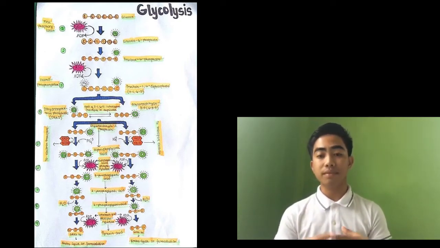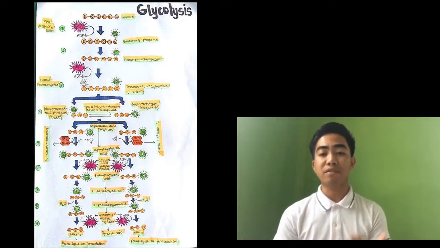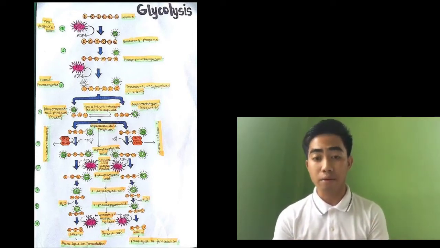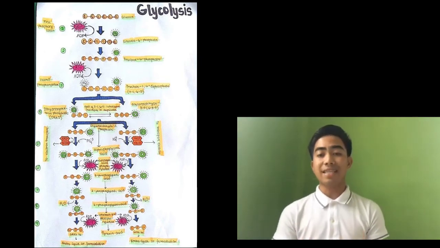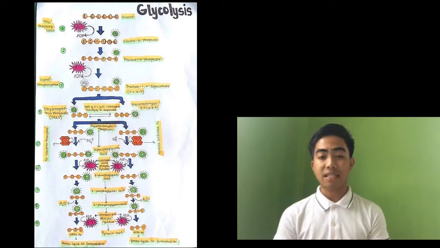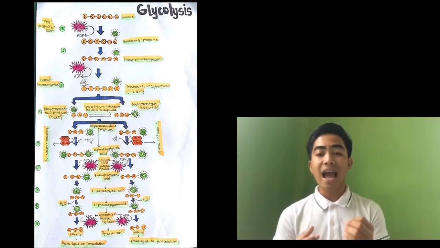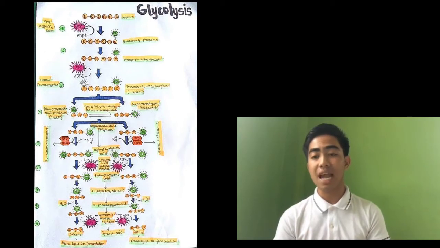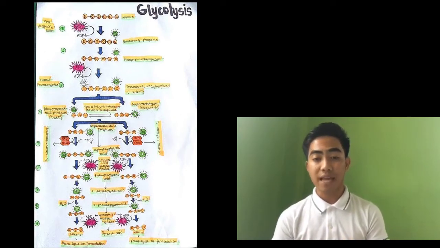So, the fructose 1,6-diphosphate from step 3 was phosphorylated by adding phosphate groups to the first and 6th carbon. In this step, this is split into 2 3-carbon fragments, which are dihydroxyacetone phosphate or DHAP, and glyceraldehyde 3-phosphate.